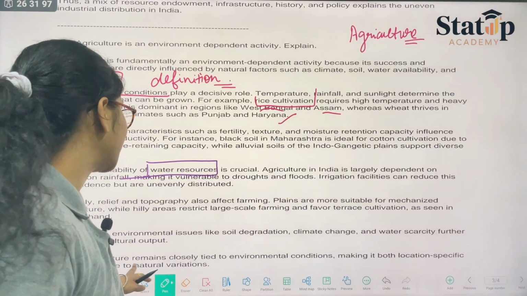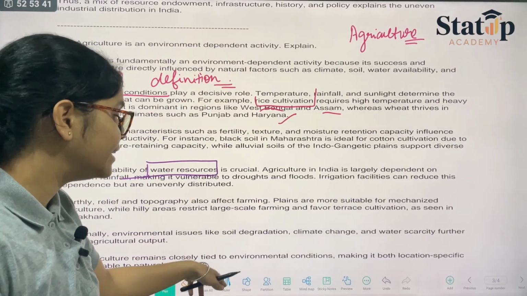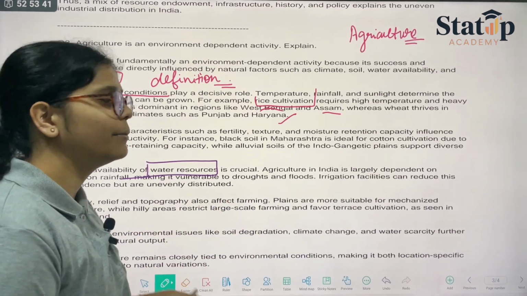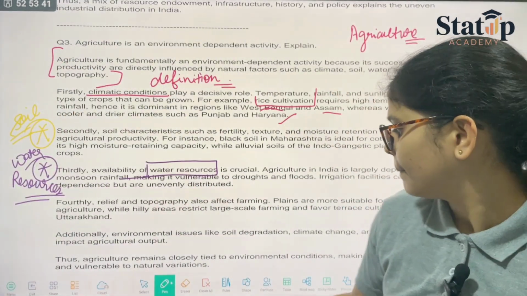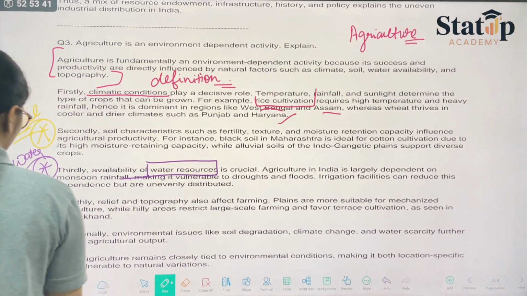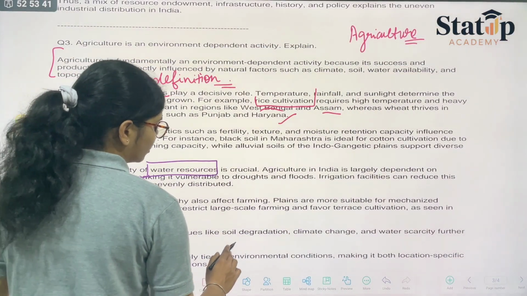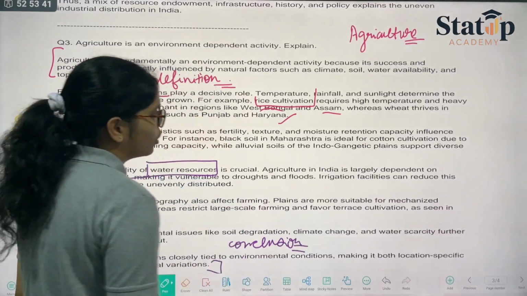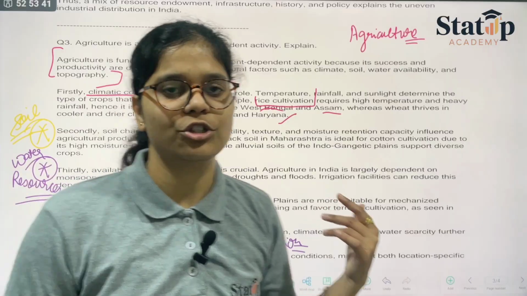Then we have: thus agriculture remains closely tied to environmental conditions, making it both location specific and vulnerable to natural variations. So this is how you're going to end in conclusion. This shall be your conclusion part. You can make the conclusion on your own, briefing on everything that you have mentioned above.